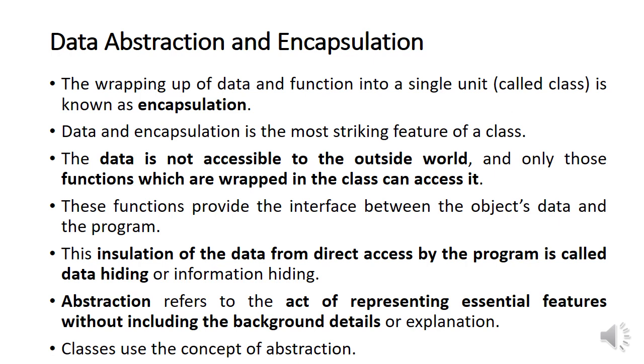Another important concept of object-oriented programming is data abstraction and encapsulation. First, we will see what is data encapsulation. The wrapping up of data and functions together in a class into a single unit is known as data encapsulation.